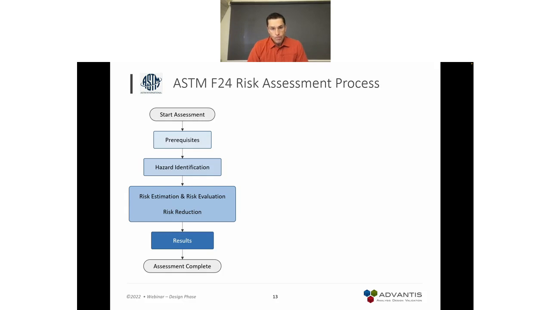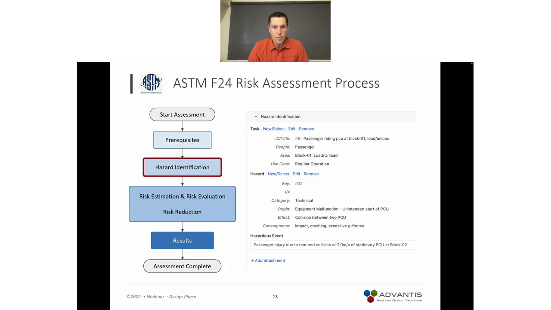And so what you see here is the step-by-step process that we've defined, and coincidentally, Advantis follows this process pretty well. For example, the hazard identification piece is shown here. I'll walk you through a case afterwards, real quick, what these elements are.